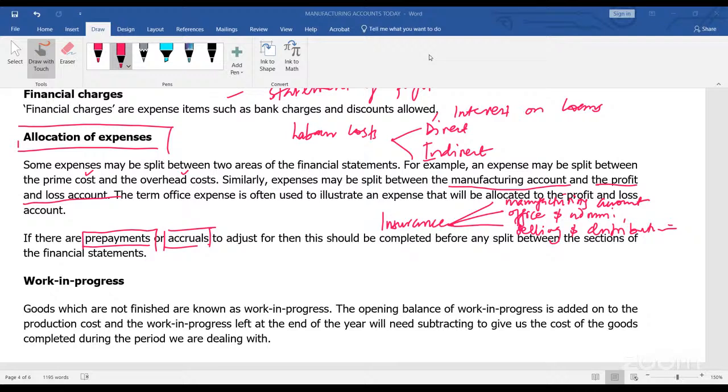Then accruals, who can explain accruals? Susan, Joseph. Yes, sir.